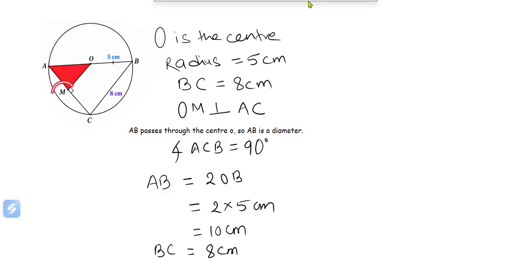That means M is the midpoint of line AC. So once you have the value of AC, you can find AM because AM is half of AC.